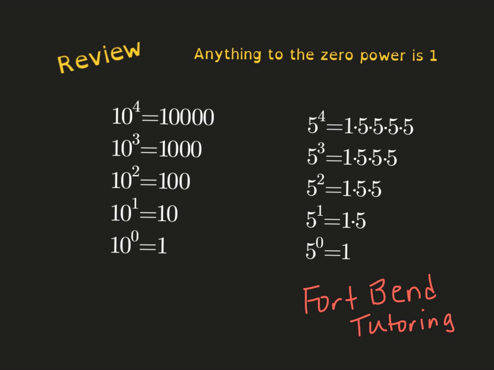We don't have to, but it's there, and it's good for purposes like this. 5 to the 2nd power is 1 times 5 squared. 5 to the 1st power is just 1 times 5. So then 5 to the 0 power is 1 times no 5s. Okay? So that's just another way for you to hopefully get that anything to the 0 power is 1.